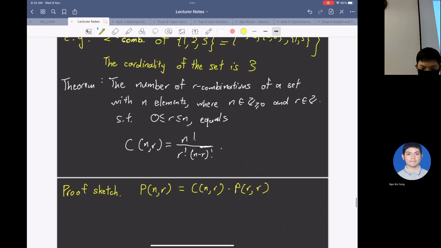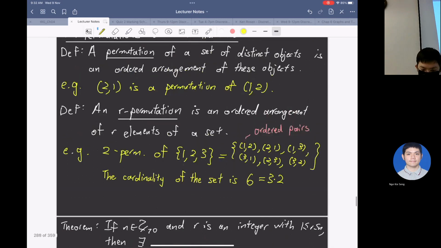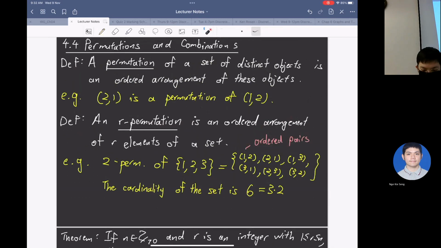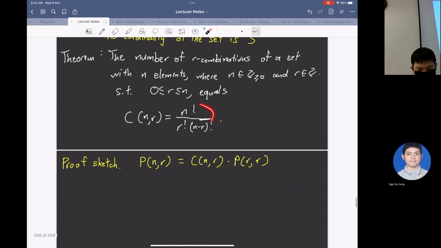So let's come back here. For example, in this case, P(3, 2): first you pick two of them out, and then you do the permutation. Then you will get all the permutations. This is how you prove this theorem.